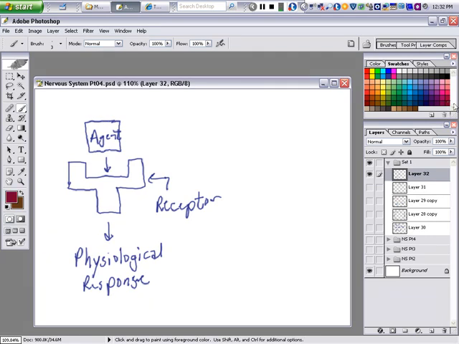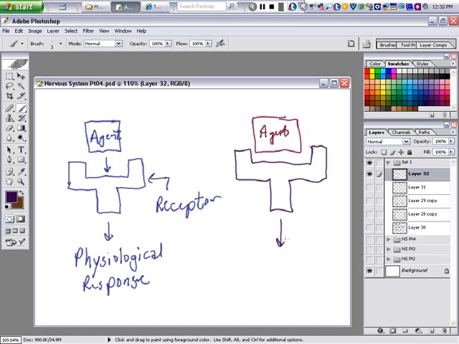The converse is if you have some agent and it binds to a protein and it does not result in a physiological response, then that protein is simply called a binding protein.